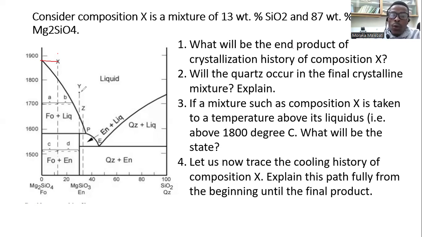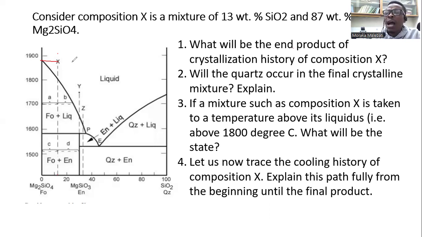We want to know what will be the end product of the crystallization history of composition X. Remember, composition X goes all the way until it reaches this point. But we want to know what will be the end product if we started with composition X.